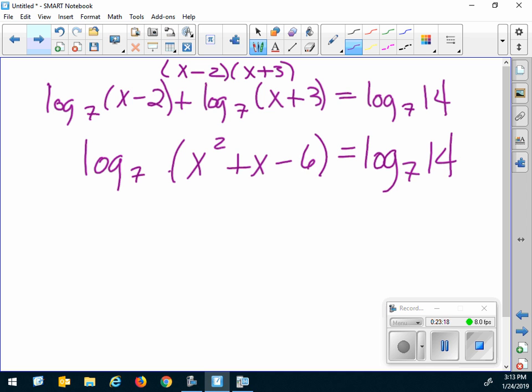Now, here we go. What could I do here? Why can I get rid of the logs? Because both of them are log base 7. Almost. What do we do?